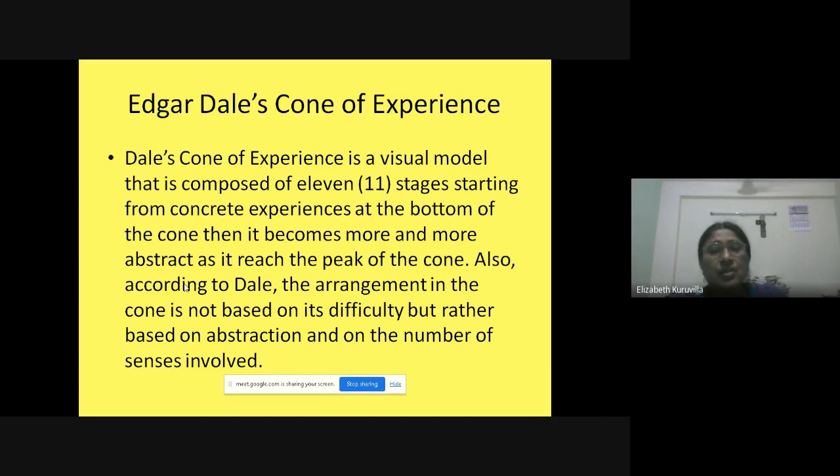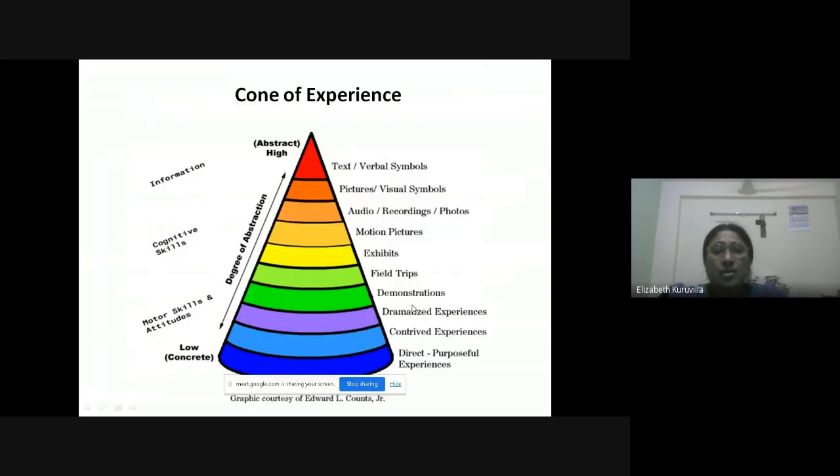The arrangement in the cone is not based on its difficulty, but rather on abstraction and the number of senses involved. So this is the cone of experiences. It is arranged from the concrete to the abstract.